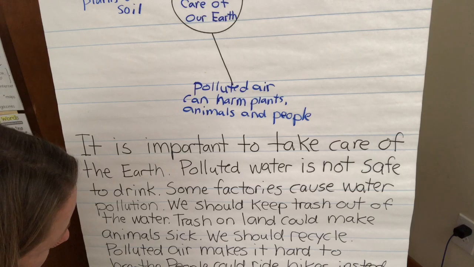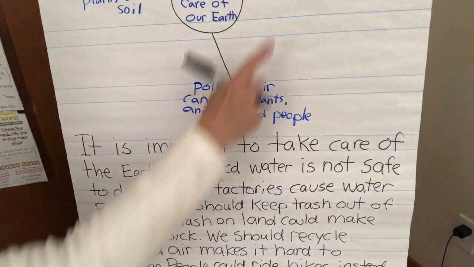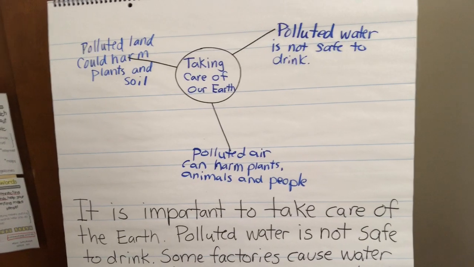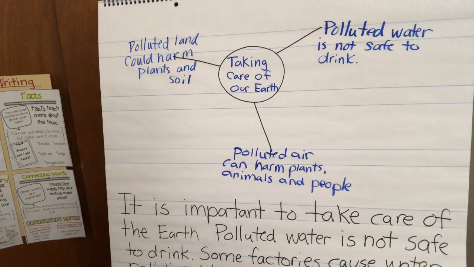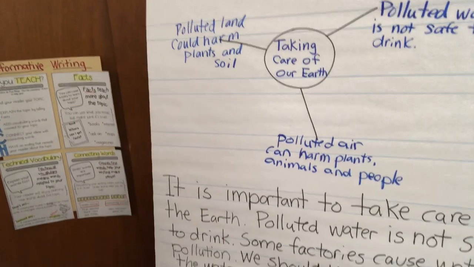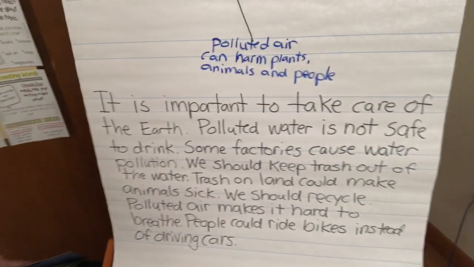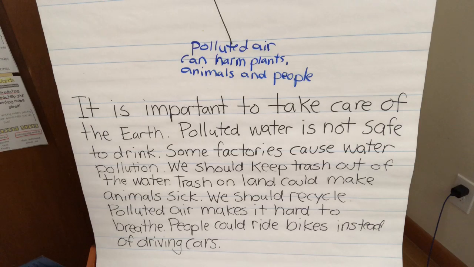Okay, so I know I talked about my 3 things from my organizer, and I gave some examples, I used some connecting words, but I don't think I did my last thing of adding a conclusion. I need to have an ending. So I want to reread my writing before I write my conclusion sentence. It is important to take care of the earth.